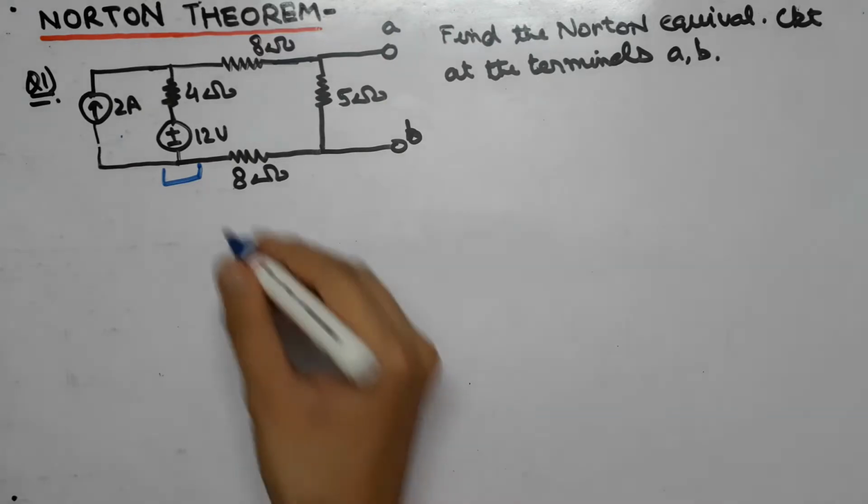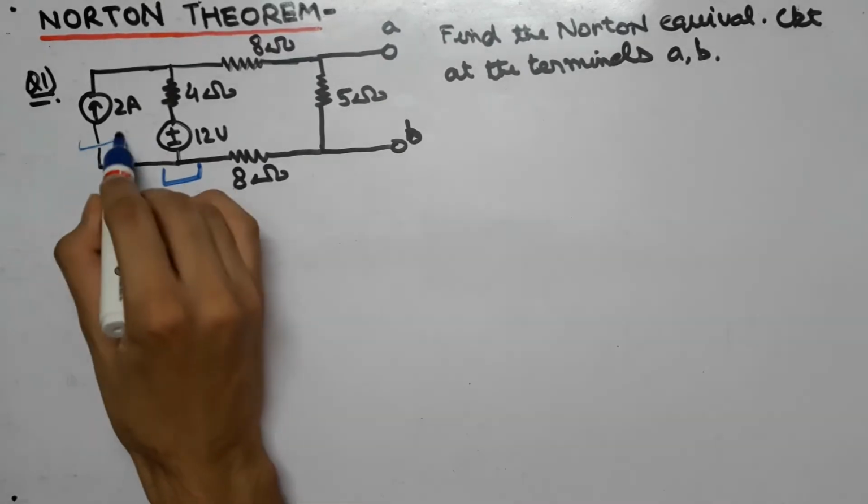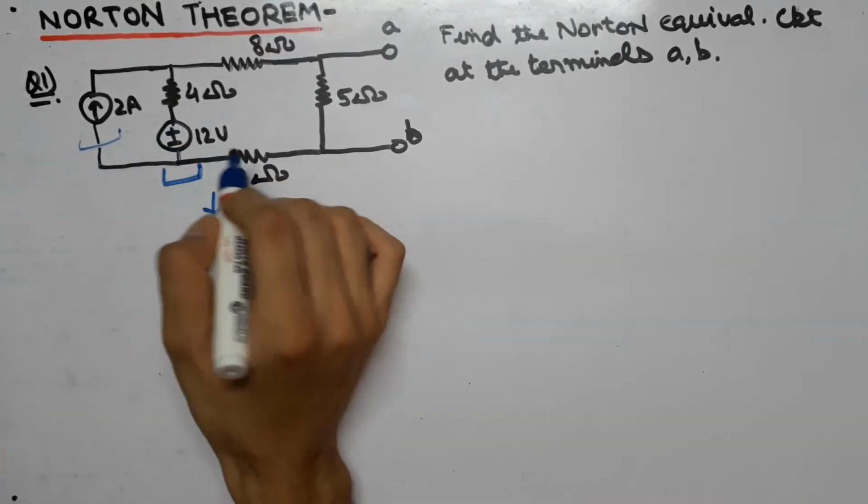For that we are going to draw its equivalent circuit, that is, we will open the current source and short circuit the 12 volt source.